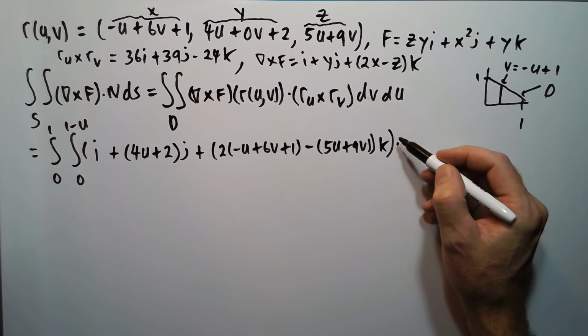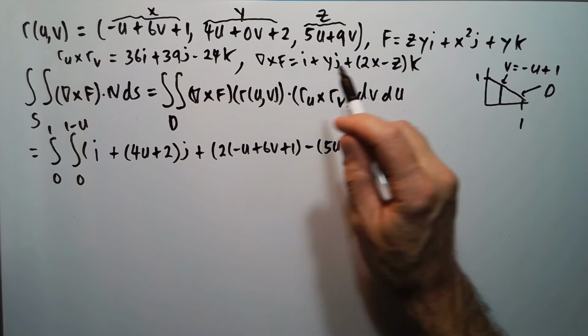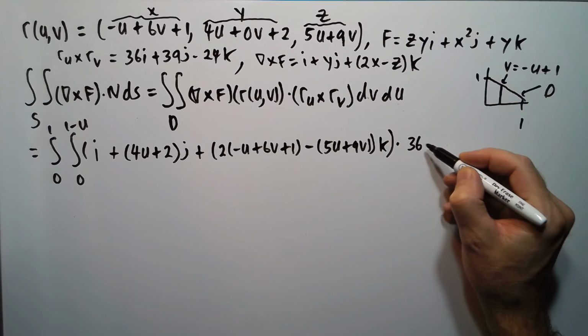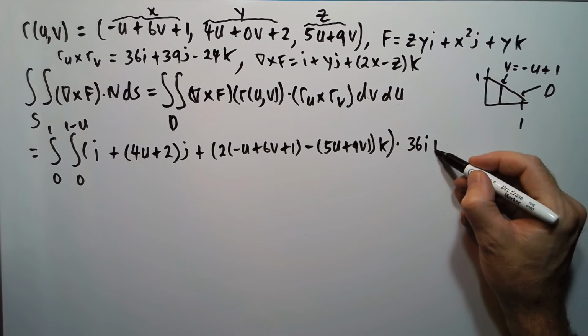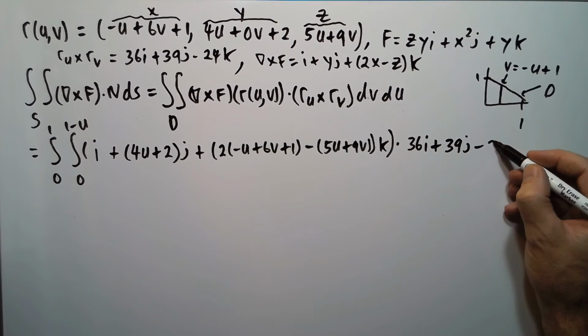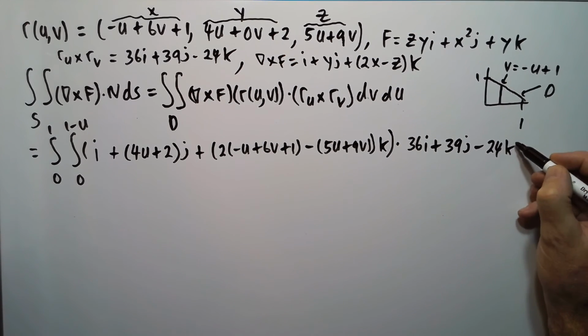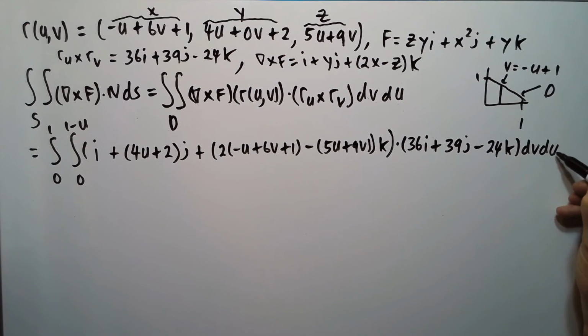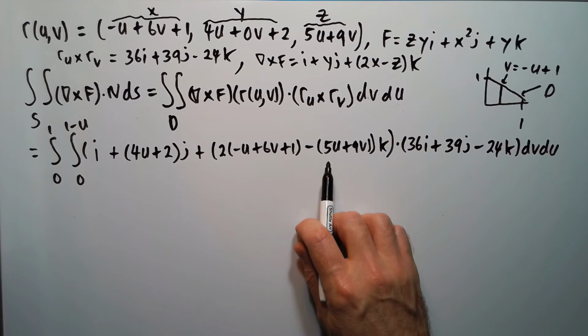And this then is dotted with our r_u cross r_v, so that's 36i plus 39j minus 24k. Then we're going to go dv du. Okay, so let me simplify this inside part here.